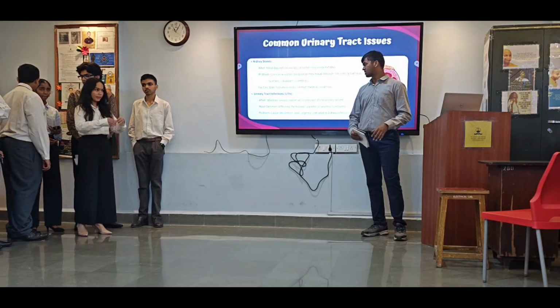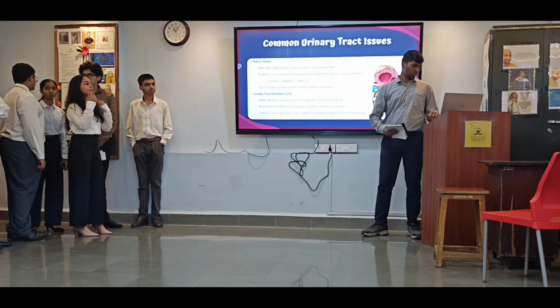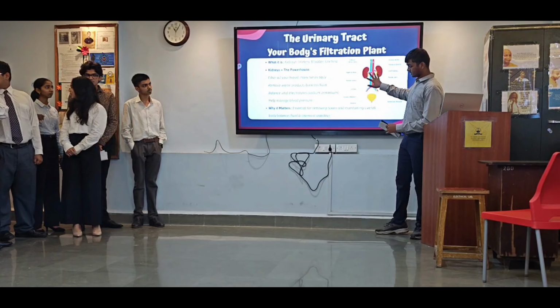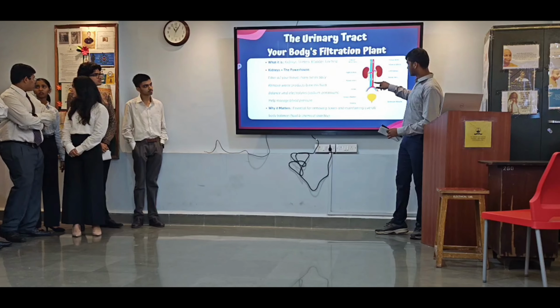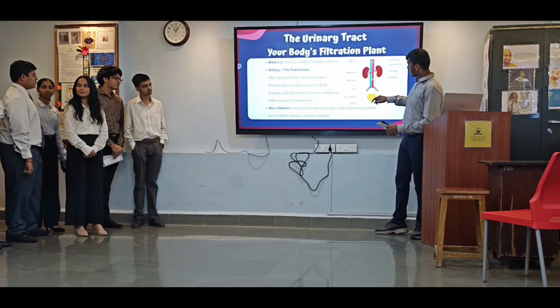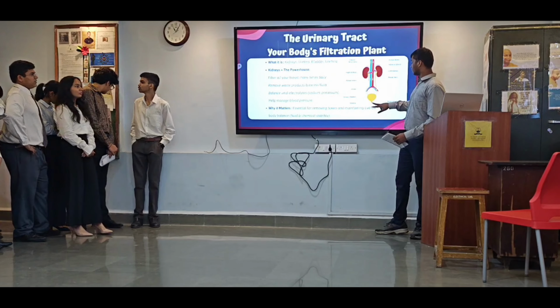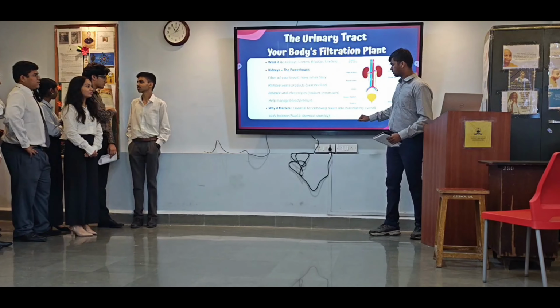It also removes toxins. These are the kidneys. These are the ureters which lead to the bladder. And then there is the urethra, which is the exit point for the urine.